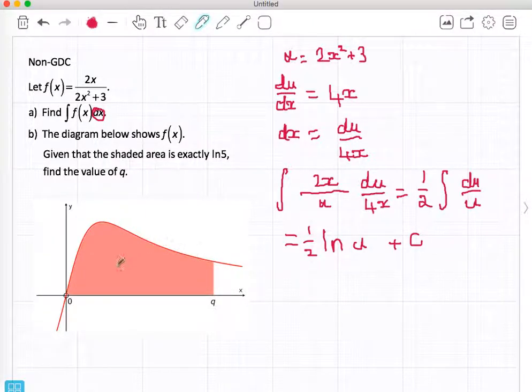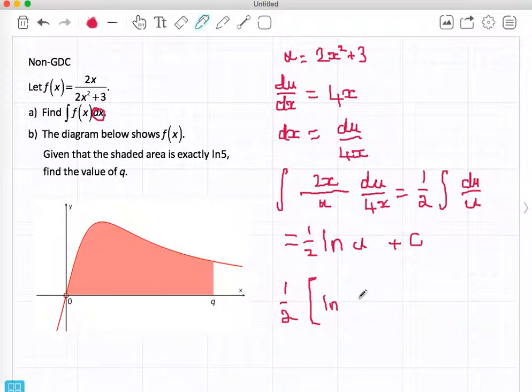Now if I look at this, I've got an area for part b, and I know that the exact area is log 5. It goes from 0 to q. So basically this here, which is a half, and now I'm going to take log u, remember, but it's not actually u, and I should have filled this in here.